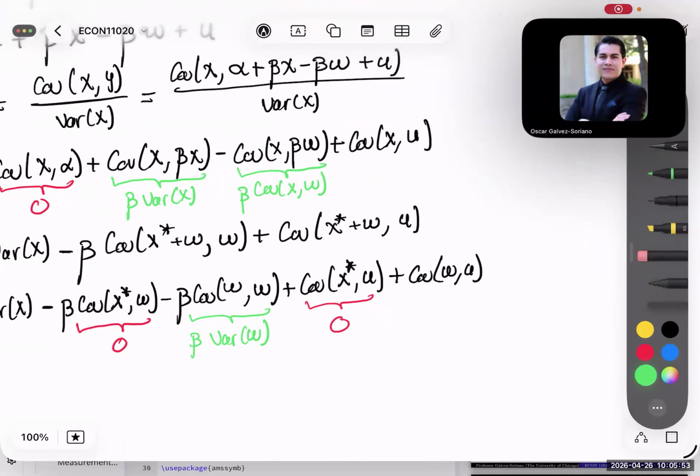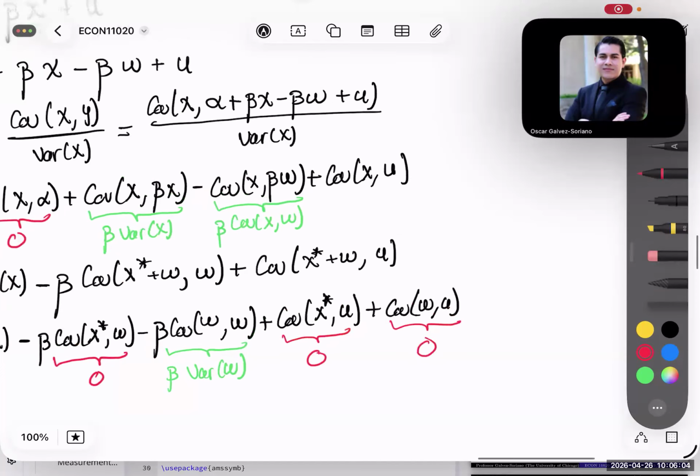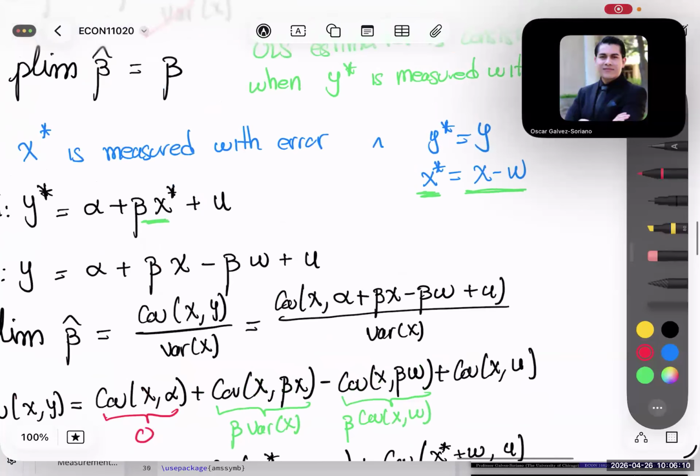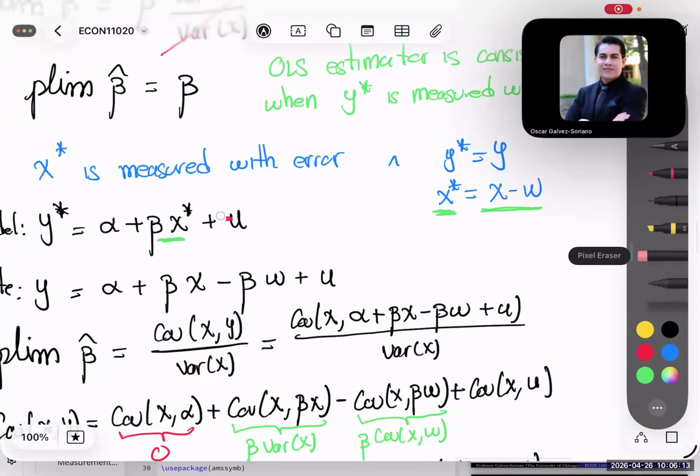And finally, the other term that we have is also 0. This is w and u. And that also makes sense, because u is this error term and w is the error term of x, which is independent from the others. So that's why the covariance is 0.